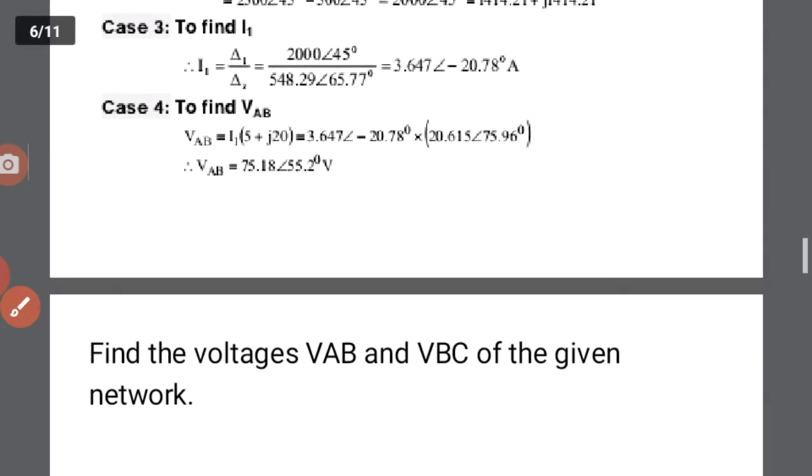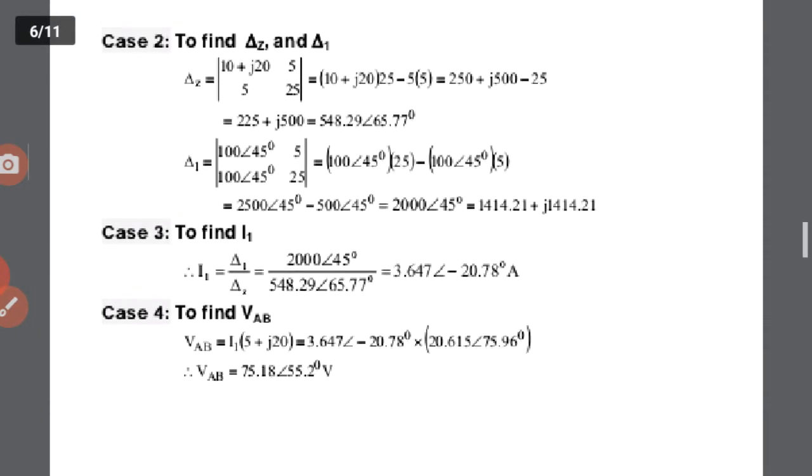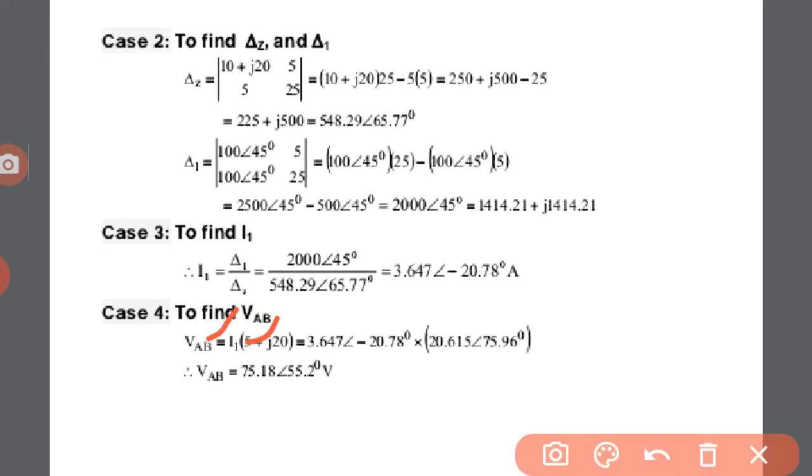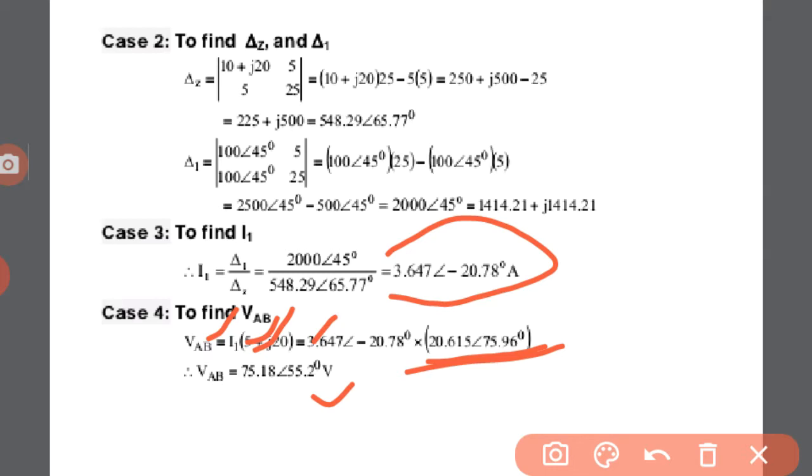So VAB is equal to I1 into impedance Z. We already know I1 is 3.647 angle minus 20.78 degrees, and the impedance 5 plus j20 is converted into polar form. Finally VAB is equal to 75.18 angle 55.20 degrees volts.